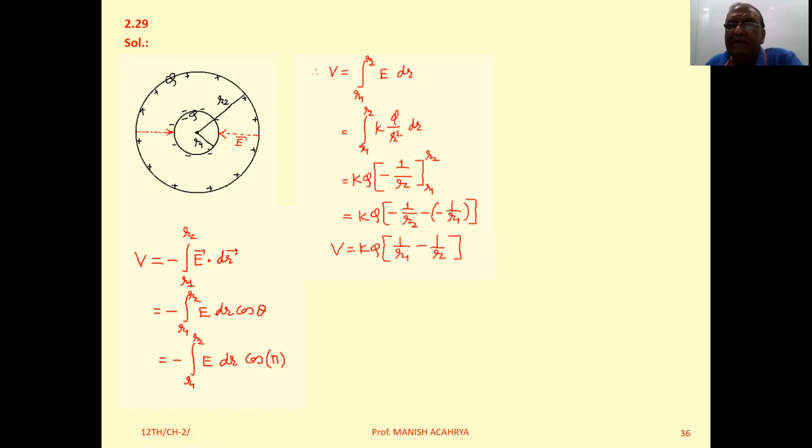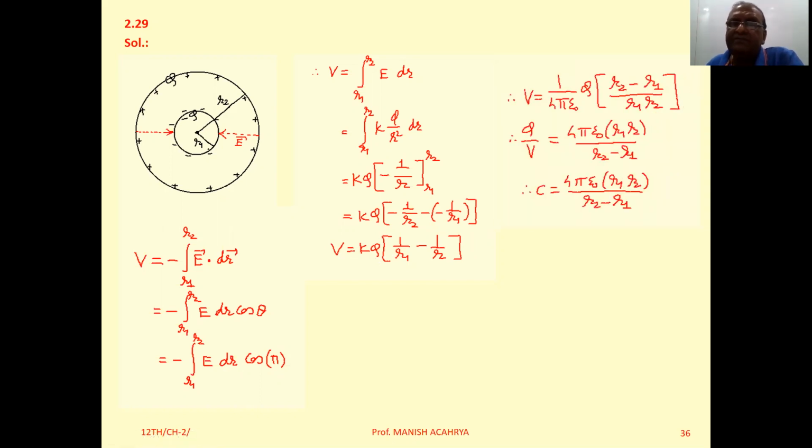Now, as per definition, capacitance is Q by V. So from this equation, derive the equation for Q by V. Now see, K is replaced by 1 upon 4 pi epsilon 0. Q, here take R1 R2 LCM, so R2 minus R1 upon R1 R2.